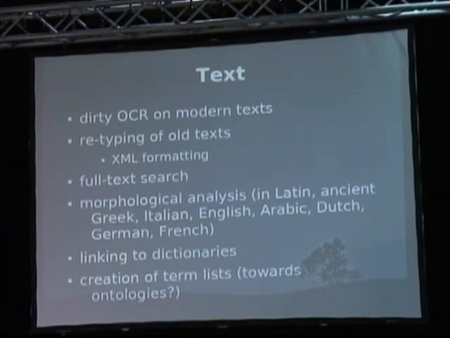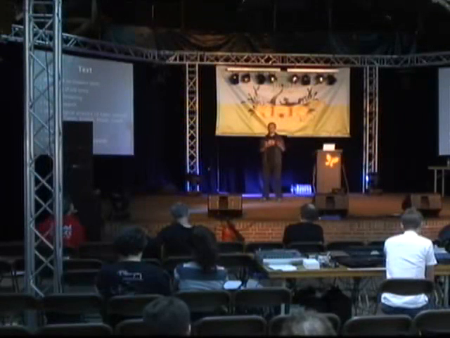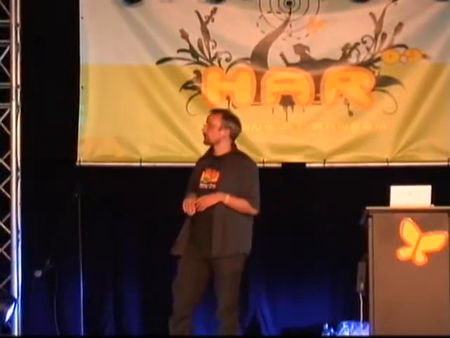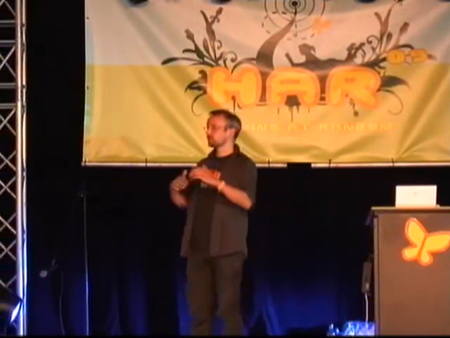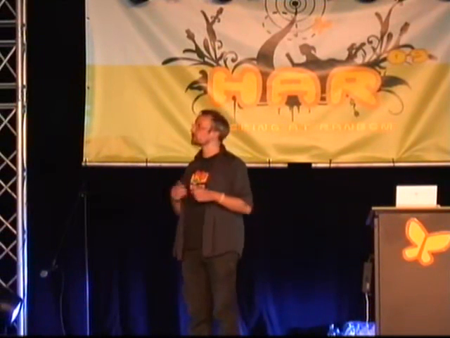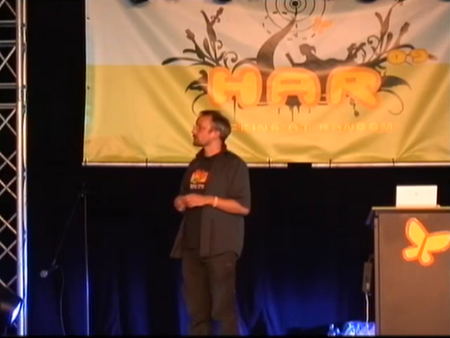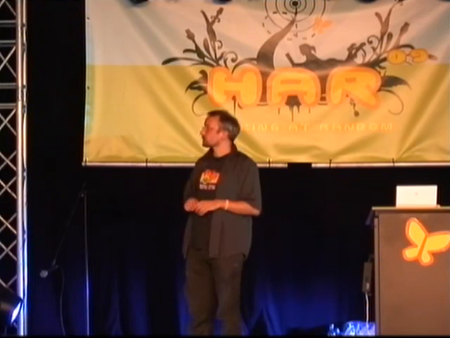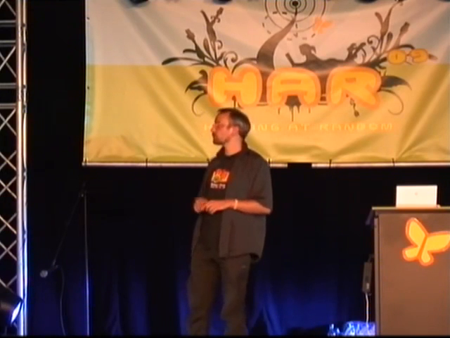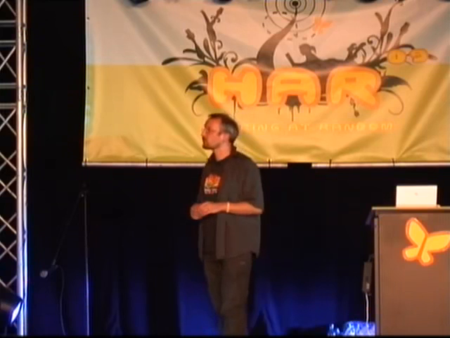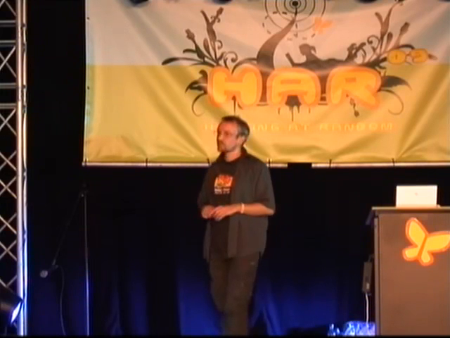We do some retyping, mostly in China, of old texts in Latin and ancient Greek and now Chinese and other stuff which then can be put in very nice formatting, so that you have the pages, sentences, glyphs at the side, tables and formula and stuff, and so then you can put it in full text search.